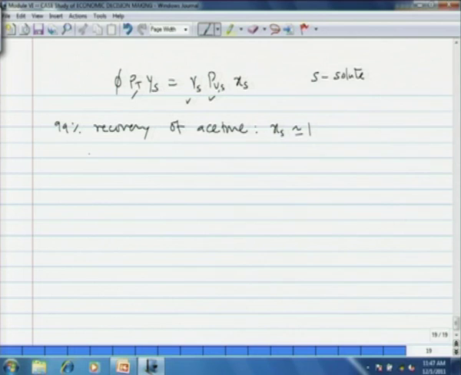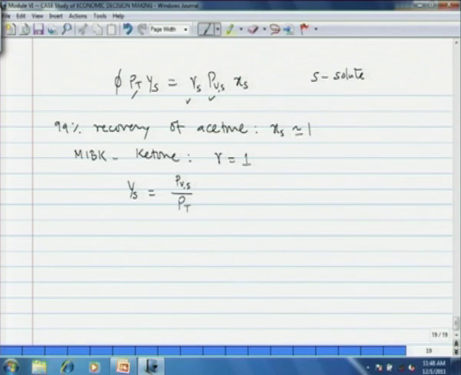Now, if we use MIBK, then it is essentially a ketone, and therefore, the activity coefficient is likely to be close to 1. Okay. And therefore, what we have is y_s, that is the mole fraction of solvent exiting with the exit gas or the air, will be y_s equal to Pv_s by Pt.